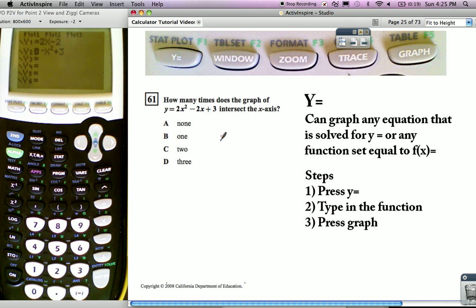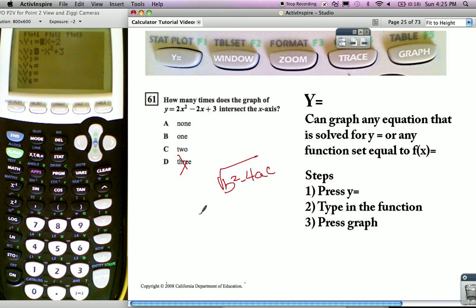How many times does this graph intersect the x-axis? And again, what this question is trying to get you to use is the discriminant. So b squared minus 4ac will tell me how many times it crosses the x-axis. If this value is positive, it's going to be twice. If it's 0, it's once. If it's, well, come on now, this is a second degree, there are 2 roots, it can't be 3.